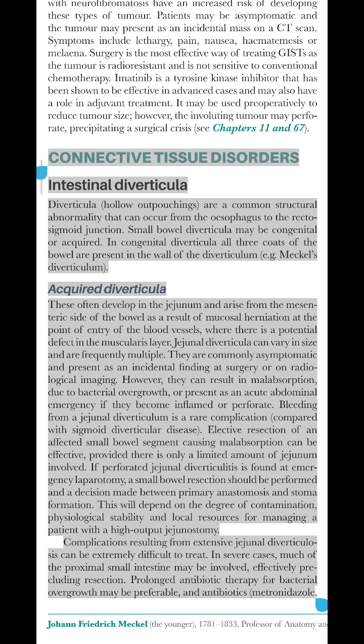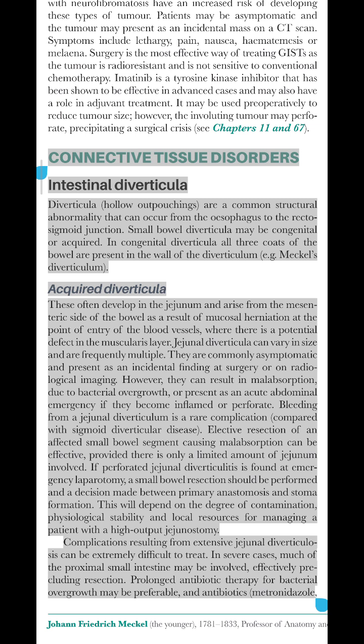This will depend on the degree of contamination, physiological stability and local resources for managing a patient with a high-output jejunostomy. Complications resulting from extensive jejunal diverticulosis can be extremely difficult to treat. In severe cases, much of the proximal small intestine may be involved, effectively precluding resection.